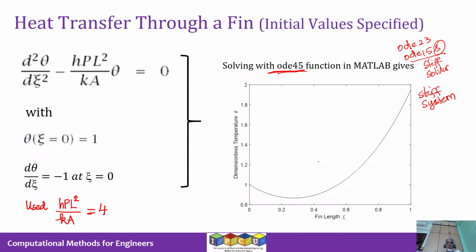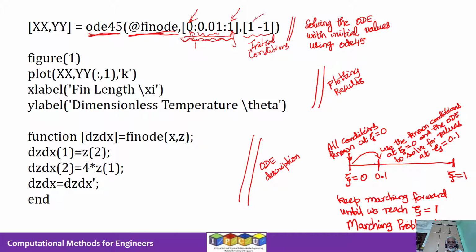Therefore, I use 1 and -1. This is the initial condition for symbol 1, and this is the initial condition for symbol 2, which is Z2. So Ode45 processes the differential equations found in the FinODE function, and it uses the span of the independent variable and the initial conditions specified in the problem. The outputs from Ode45 are stored in XX. XX contains the values of the independent variable.